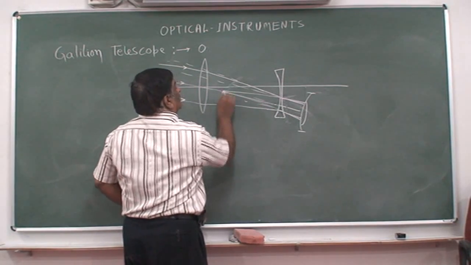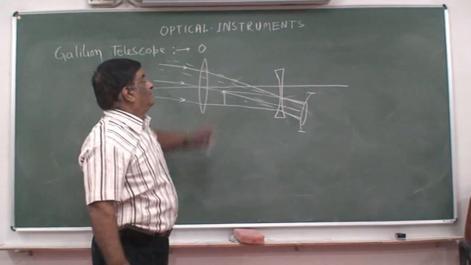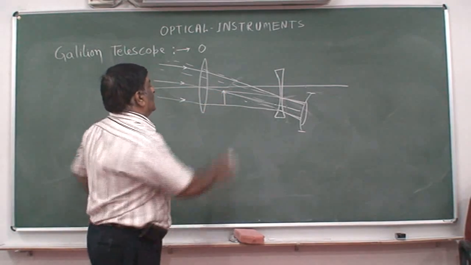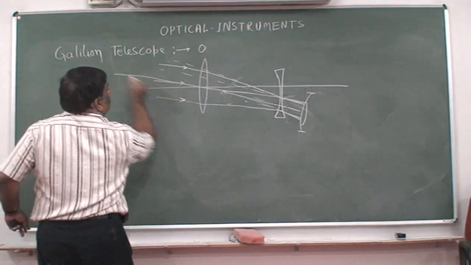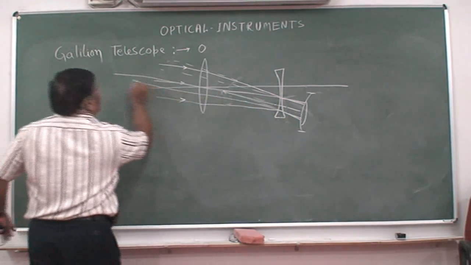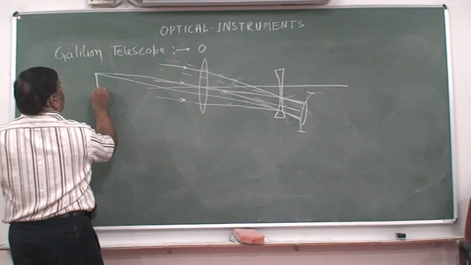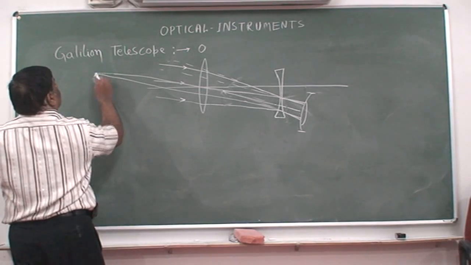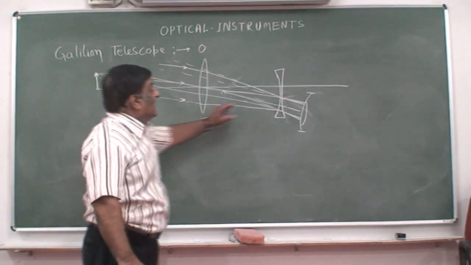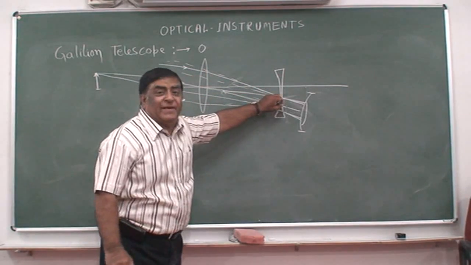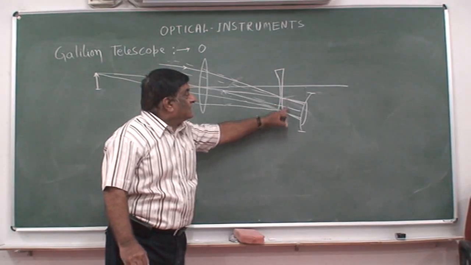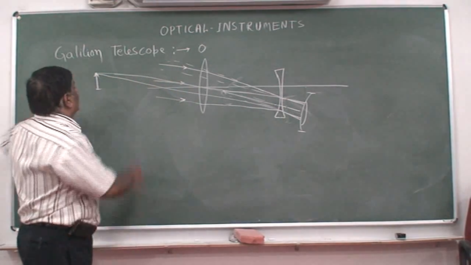We will see an image here. Or if we take it far away by making the adjustment, then we will see the image here. This image will of course be larger than the point image made by this. This is making a point image, and because of this we see a large image here.